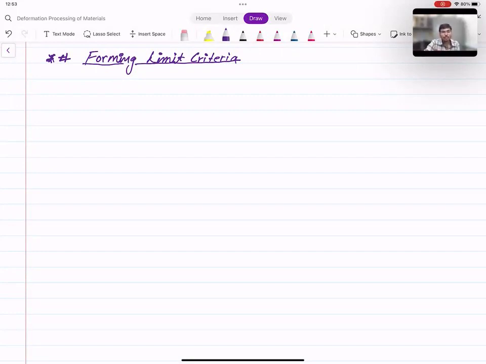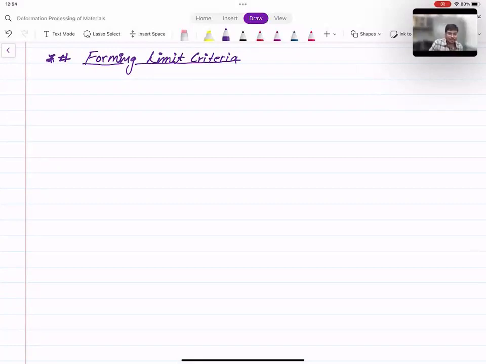That strain is measured and referred to as the major strain and minor strain. And this is plotted on a reference diagram, which we will see. In that manner, it is predicted whether the component is going to fail or will it be safe.